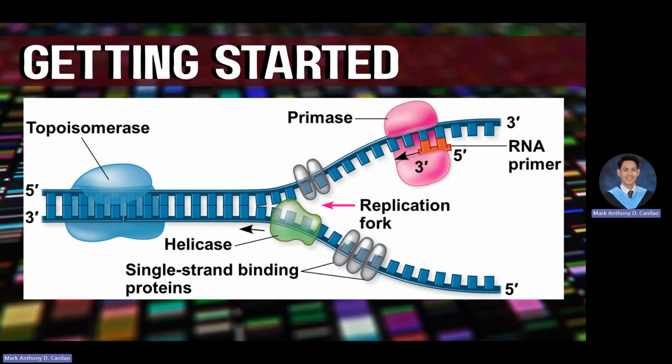Next in our list is the enzyme known as primase. This is an essential enzyme because it will be mentioned in the next part, the elongation. Primase is used to create an RNA primer that signifies the beginning of the elongation phase.